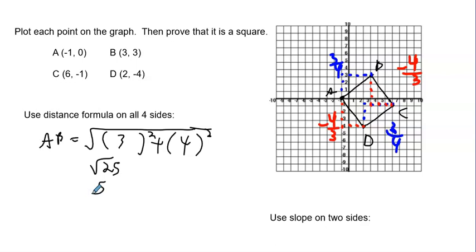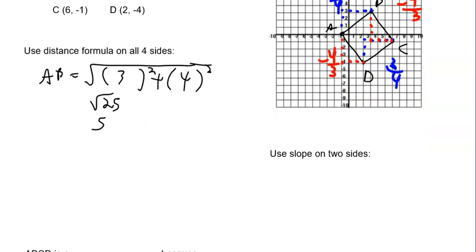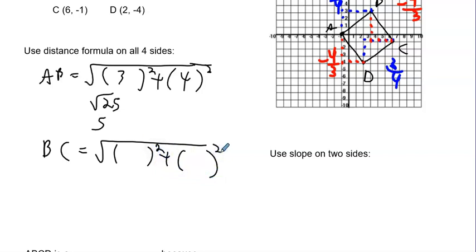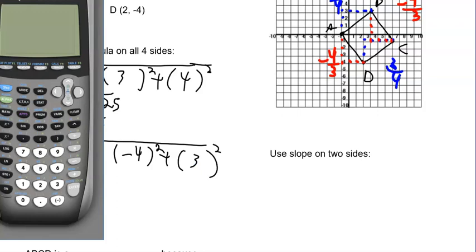Now we need to do BC. Now here, let's talk about this. This is where people make a mistake all the time. If you're going to put it in the calculator, here's the problem. -4 and 3. Here's what people do. Watch very carefully, because this happens all the time. Algebra 2, Algebra 1, whatever.